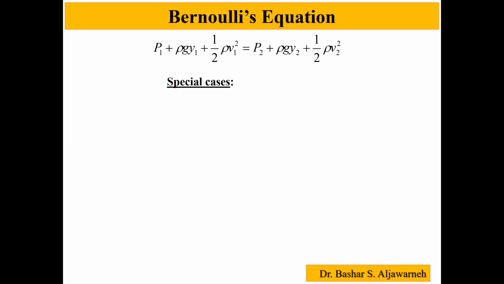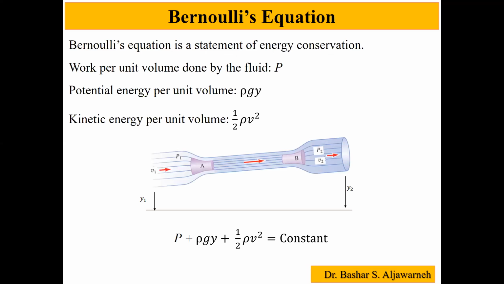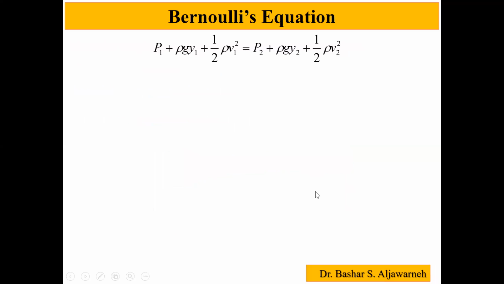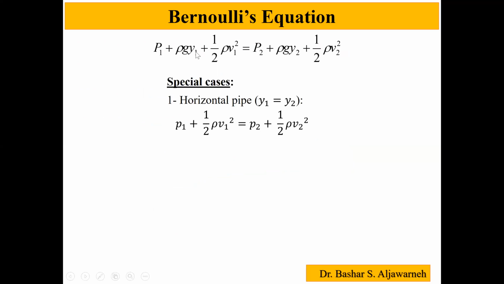which are two: either if I have a horizontal pipe, that means the initial height and final height are equal to each other, and therefore this term will equal this term and they will cancel out, then we will get the following formula.